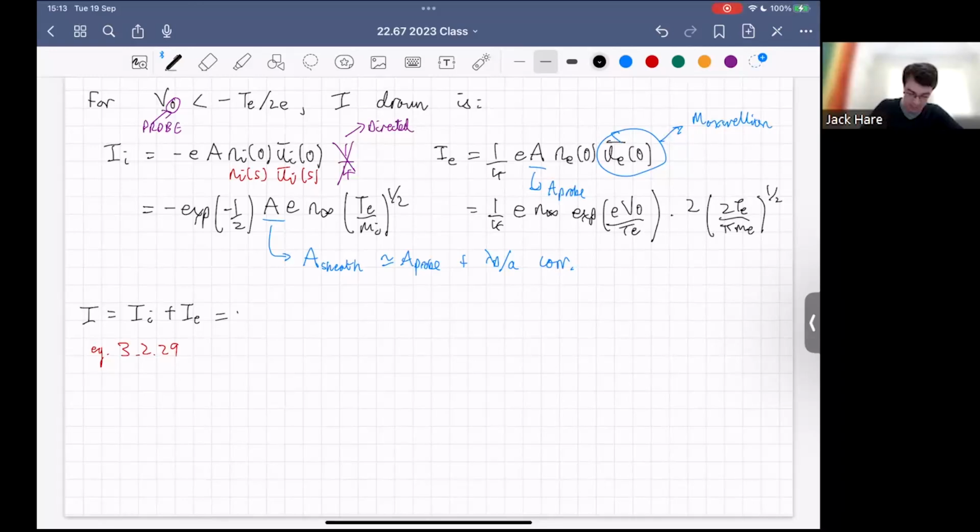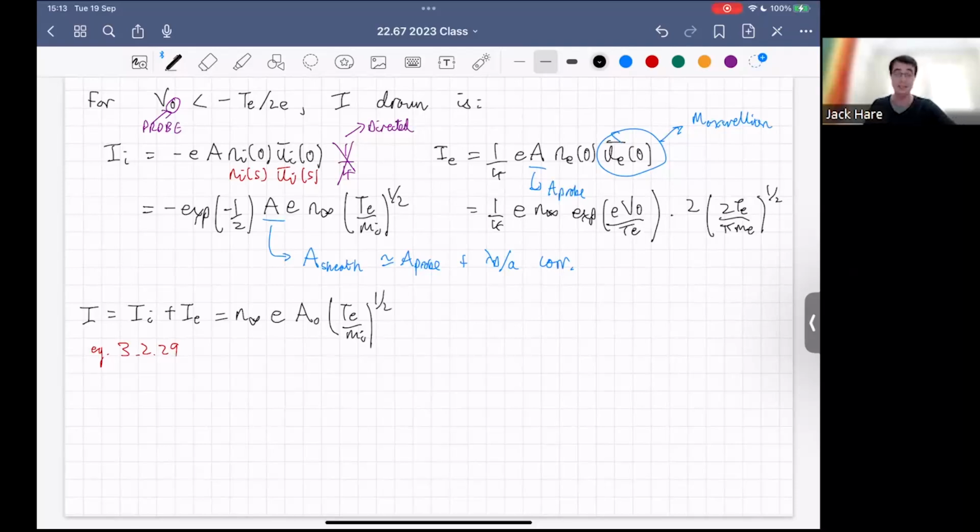So what I've got is n infinity, electron charge, area of the probe, square root of the electron temperature over the ion mass.